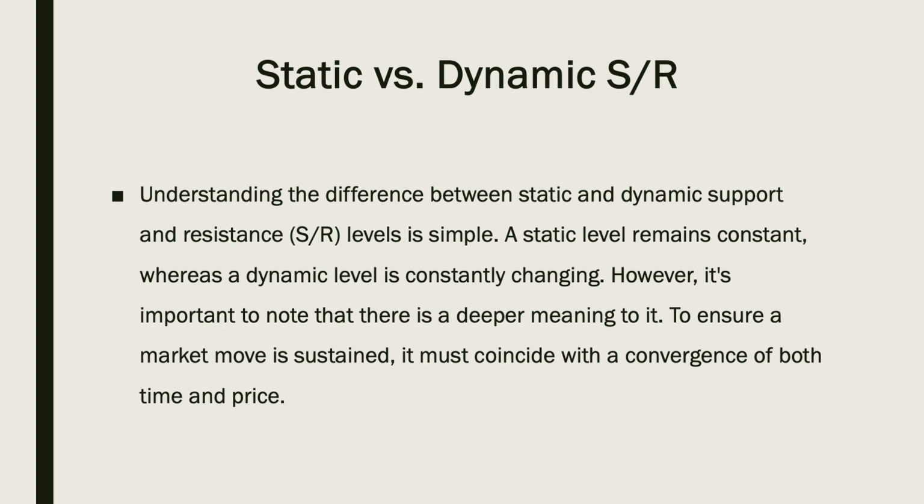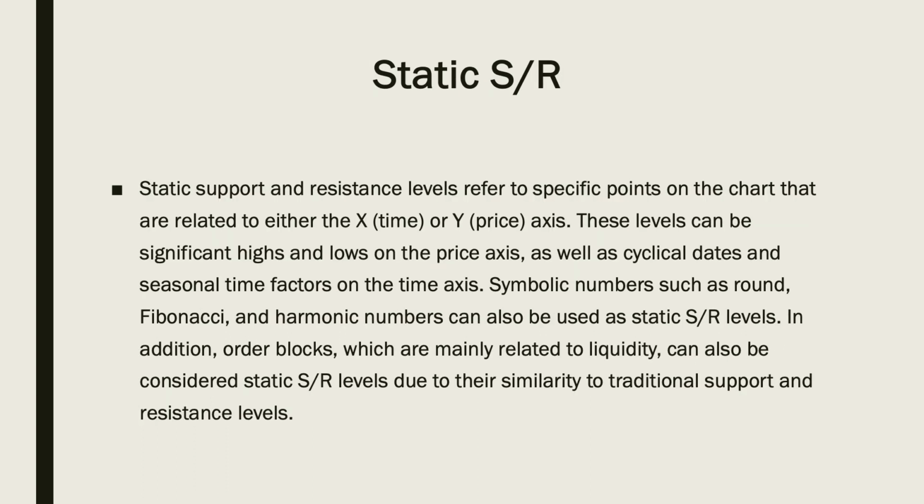And this is why, in my opinion at least, dynamic support and resistance levels are stronger than static support and resistance levels. Let's go in deeper and explain what a static support and resistance level is.